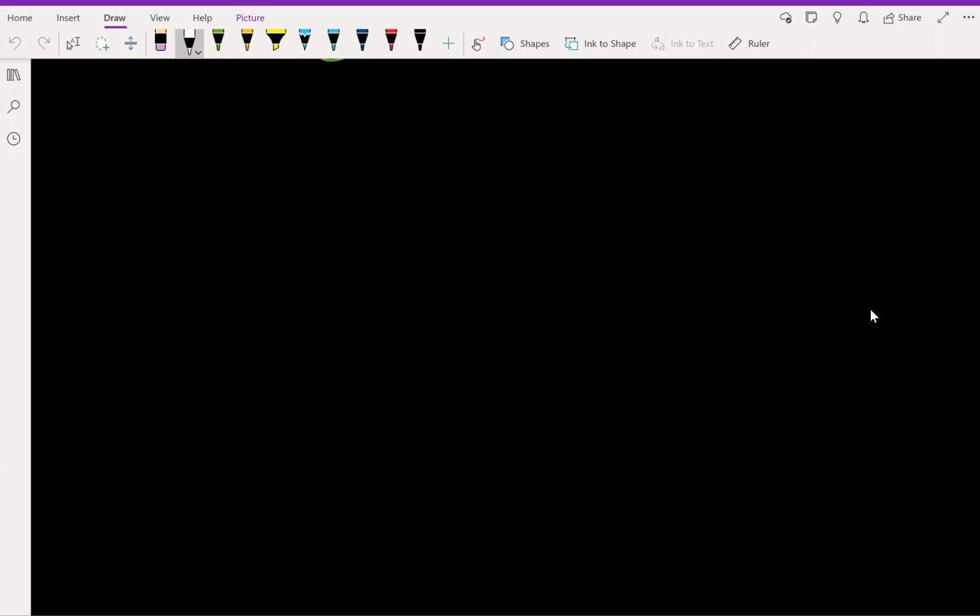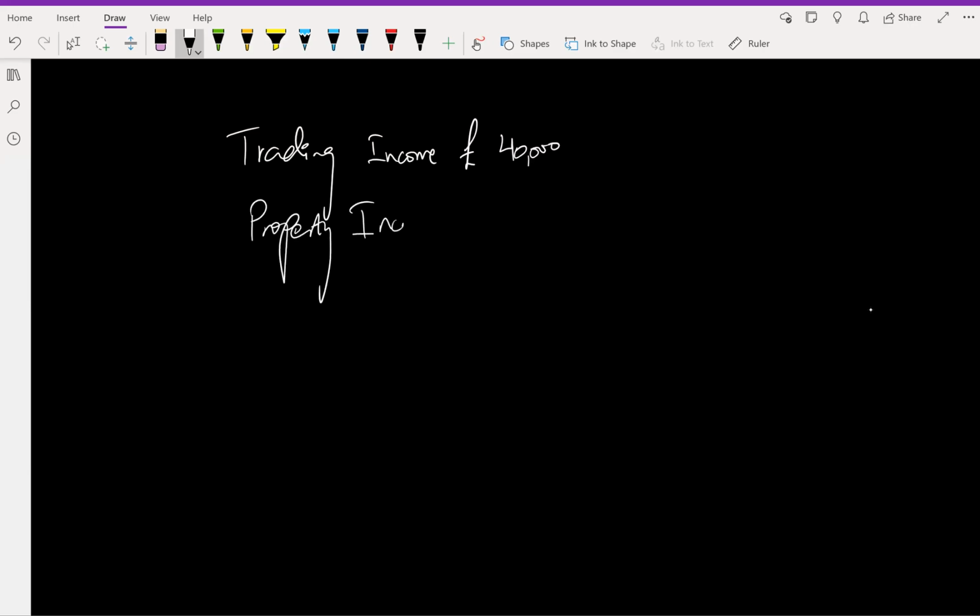Now, an individual could earn trading income. I'm just going to stick to a basic example right now so that you can understand easily. Let's say trading income of £40,000, and let's say property income of £60,000.